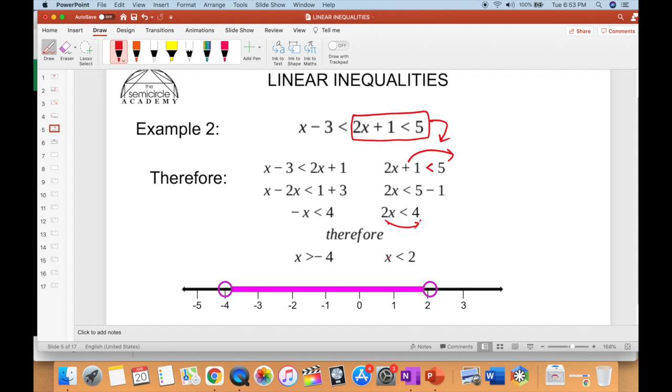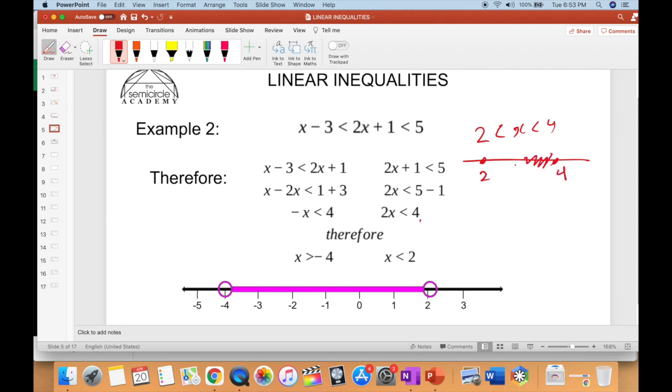No negatives in there. So x, the sign stays the same, is less than 2. So now I have two different answers because you know this is a range. Just like how when I had x is greater than 2 but it's less than 4. That means that on a number line I have 2 over here, I have 4 over here.